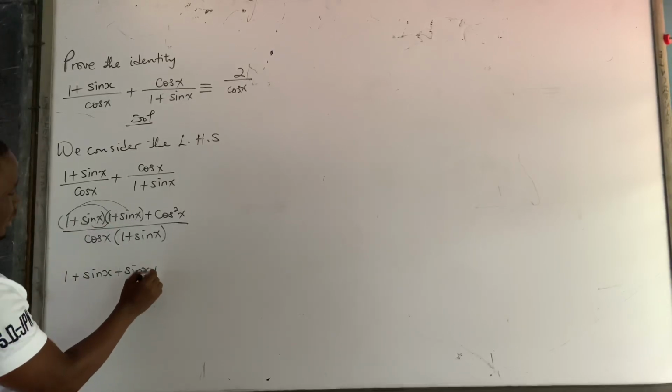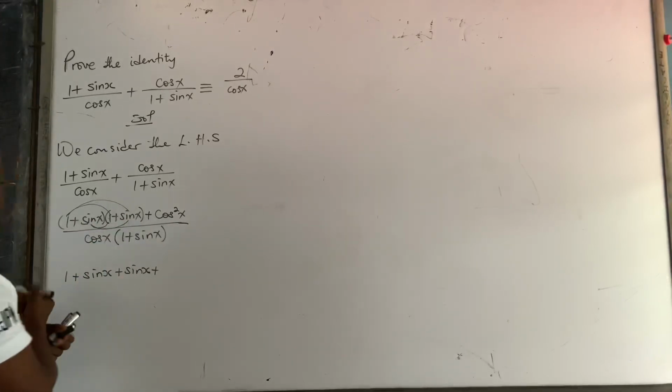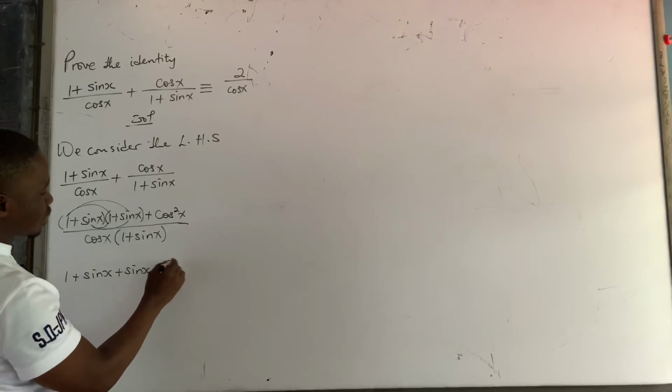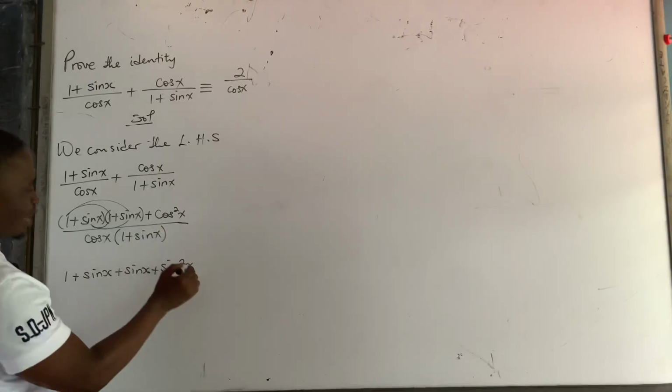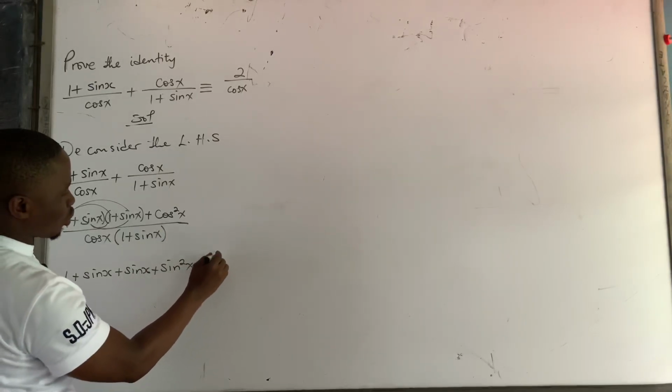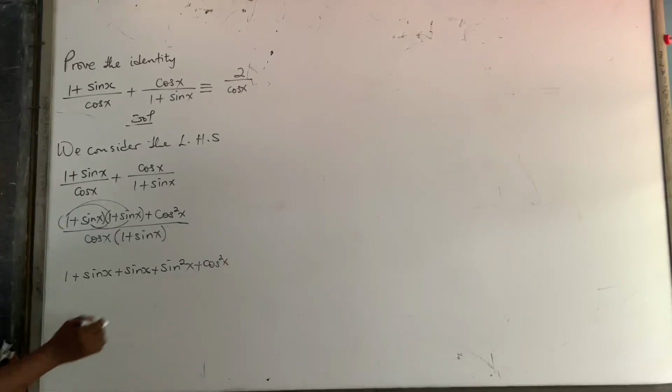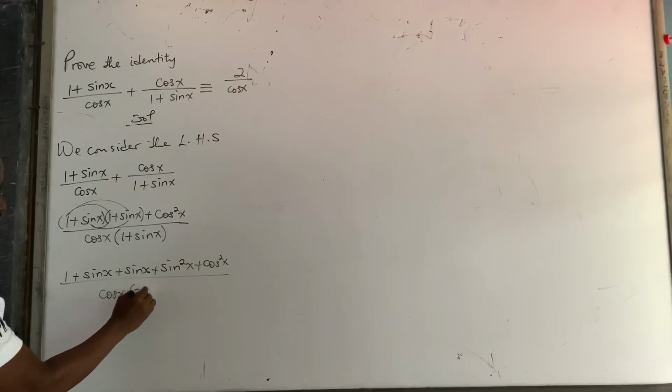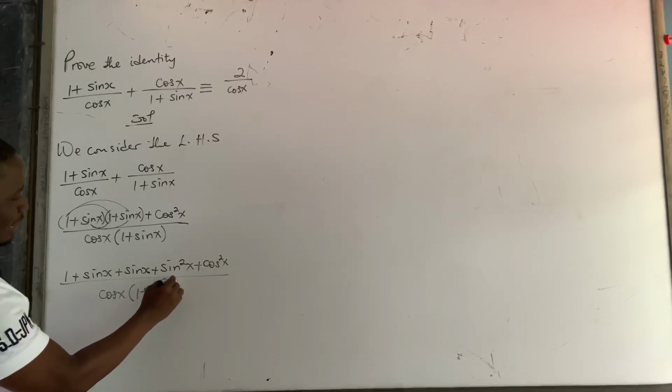Plus multiplied by plus is plus. Sin x times sin x is sin squared x. Then here is plus cos squared x. Everything is divided by cos x multiplied by (1 + sin x).